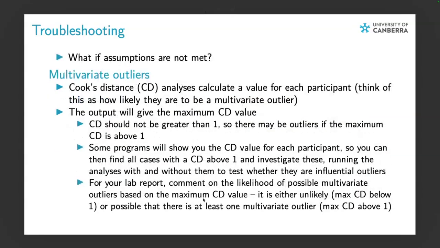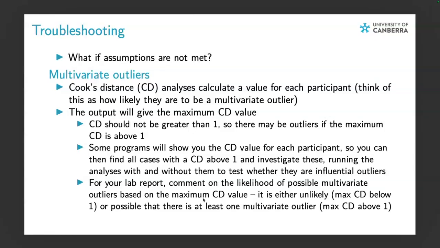What if your assumptions aren't met for multivariate outliers? So Cook's distance analysis calculates a value for each participant. You can think of this as how likely they are to be a multivariate outlier. The output will give the maximum Cook's distance value. So Cook's distance should not be greater than 1, which is hopefully drilled into your heads now. So there may be outliers if the maximum Cook's distance is above 1.